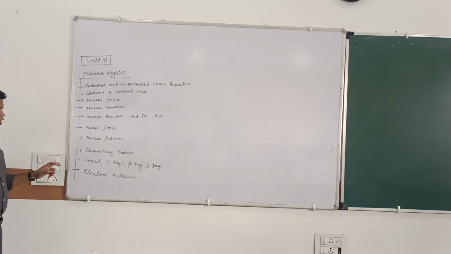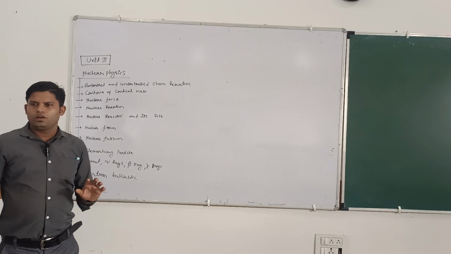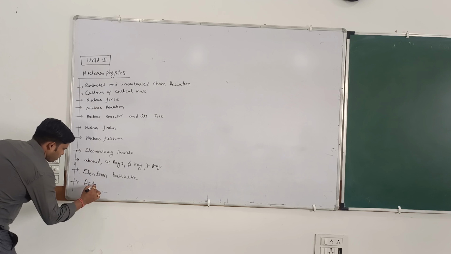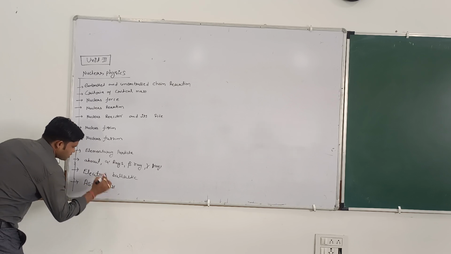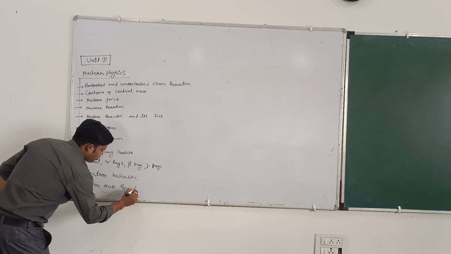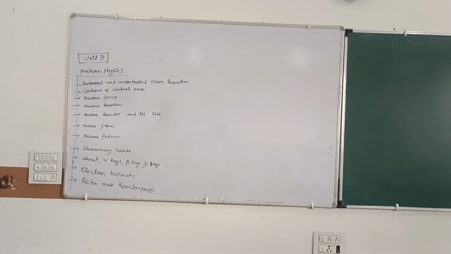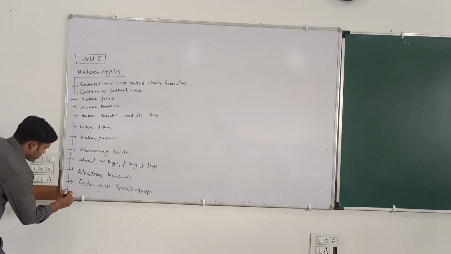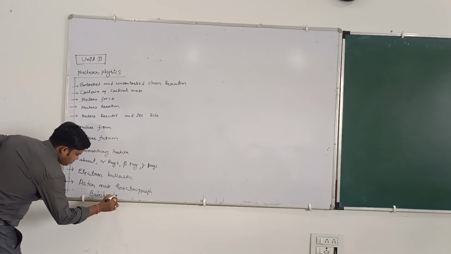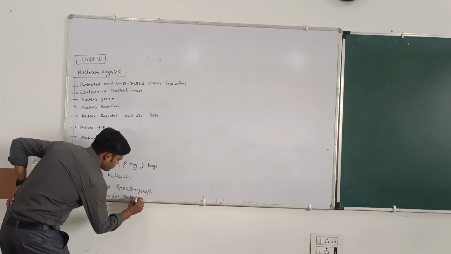Under this electron ballistics, we study about 2 spectrographs. First is Aston mass spectrograph. And last is Bainbridge mass spectrograph.